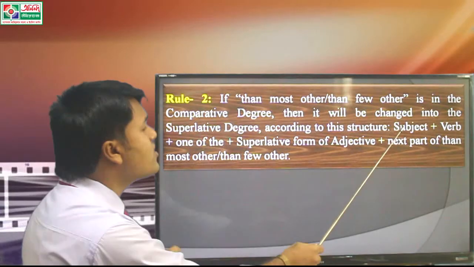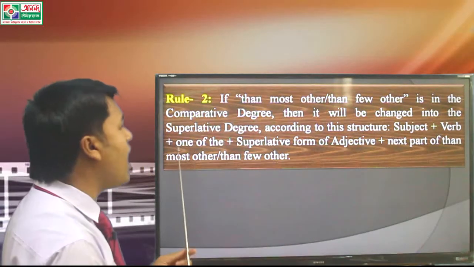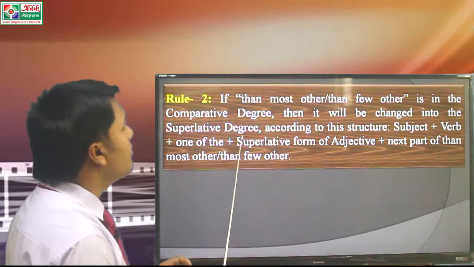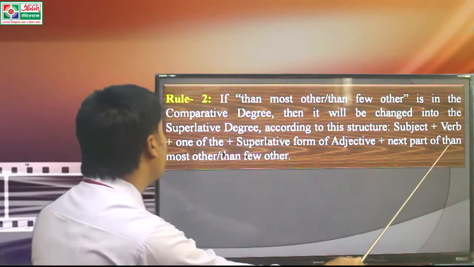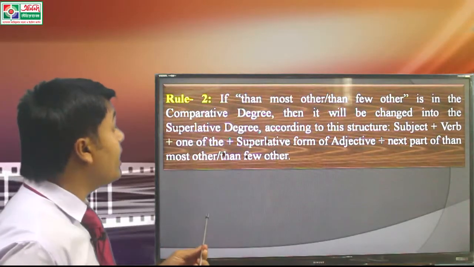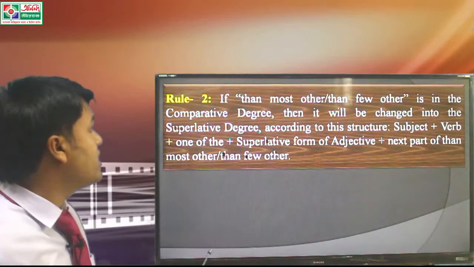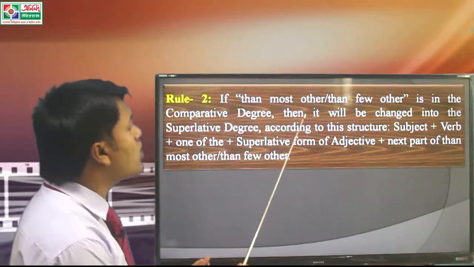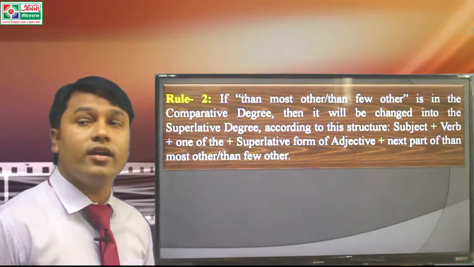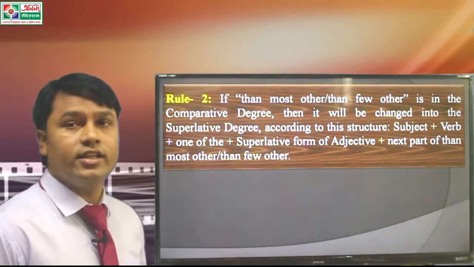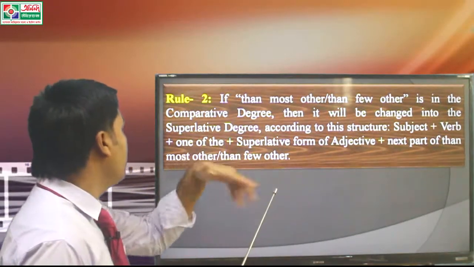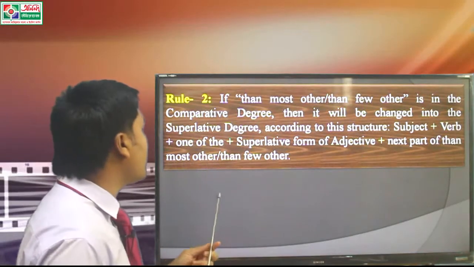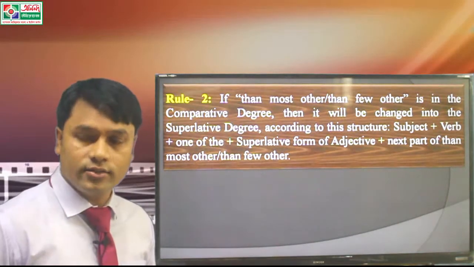Firstly we use subject plus verb plus one of the plus superlative form of adjective, and then the next part of than most other or than few other. Dear students, if we find than most other or than few other in the comparative degree, we will use one of the instead of than most other or than few other.